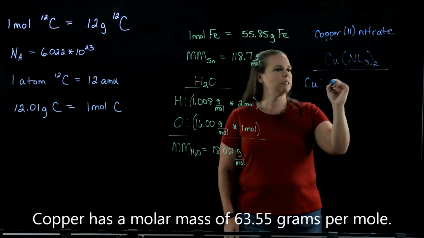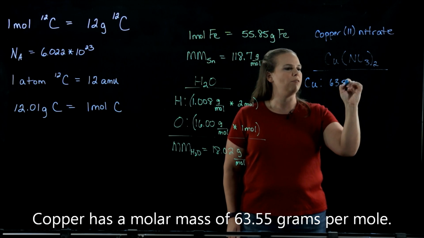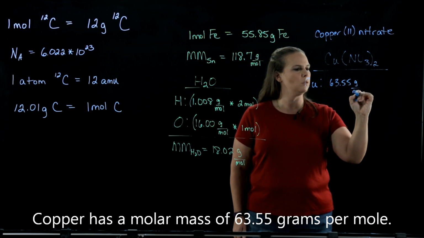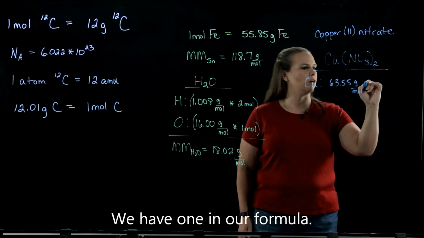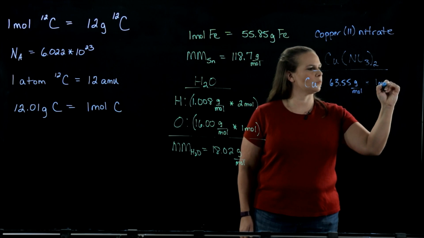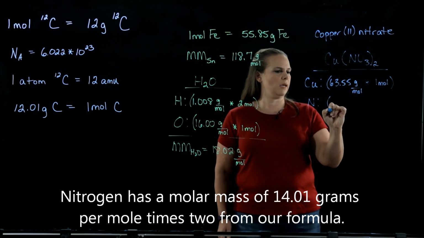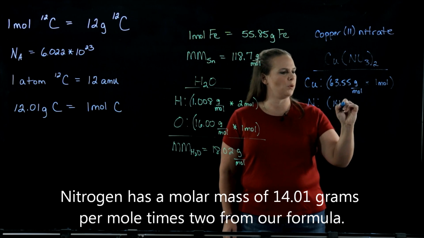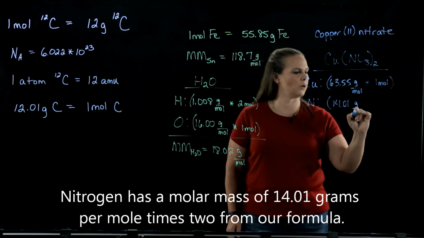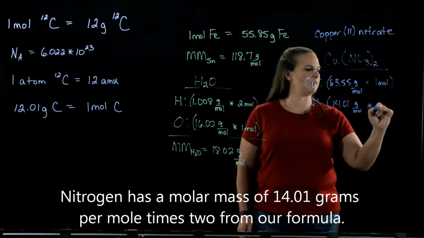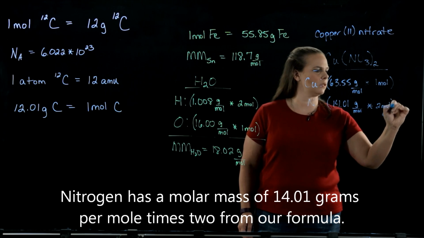Copper has a molar mass of 63.55 grams per mole. We have 1 in our formula. Nitrogen has a molar mass of 14.01 grams per mole times 2 from our formula.